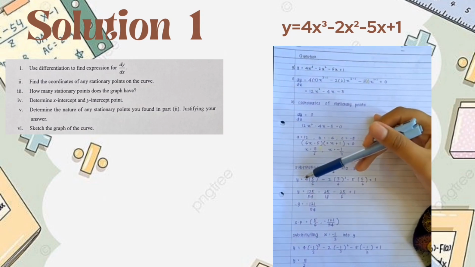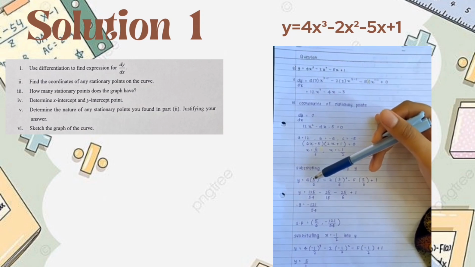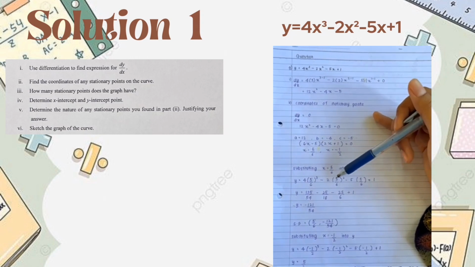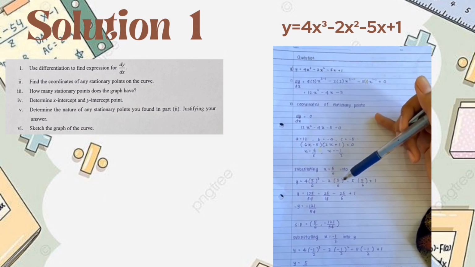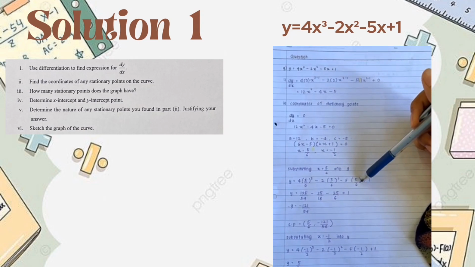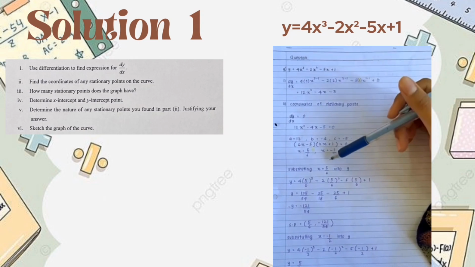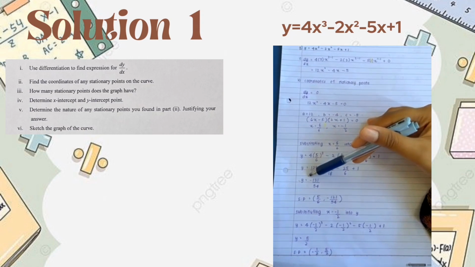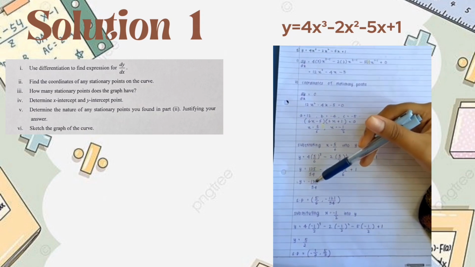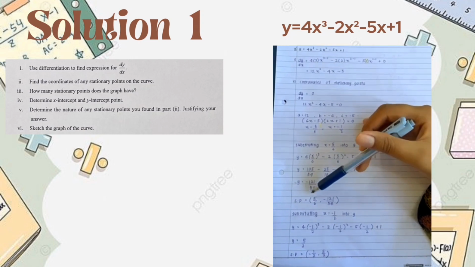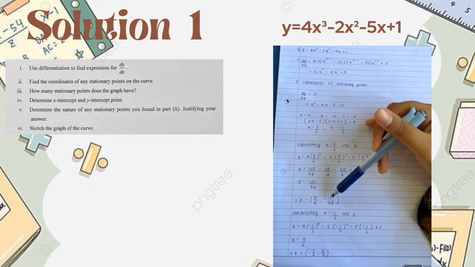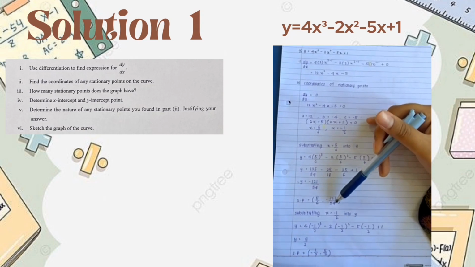So we get y equals 4 times (5/6) cubed minus 2 times (5/6) squared minus 5 times 5/6 plus 1. So the answer we get is y equals negative 1 1/54. Therefore, the stationary point is (5/6, negative 1 1/54).